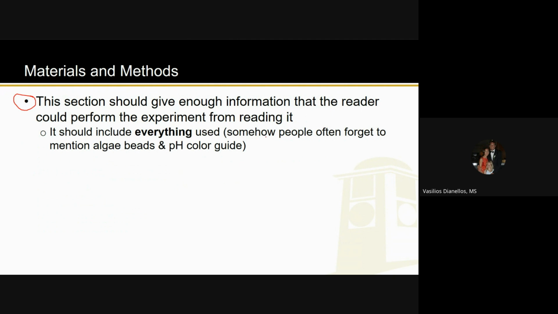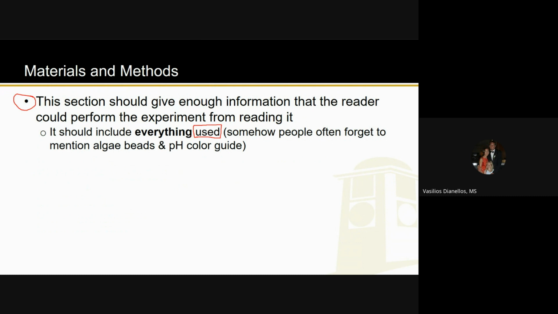And for that matter, this bullet point is talking about everything used. You will say that you used a lamp, but you don't necessarily need to say it had a light bulb, a cord and a switch. Whatever. Used a lamp. But don't get me wrong, if you did the ones with different colors, you will mention, I used a white lamp, a blue lamp, a green lamp, and a red lamp.